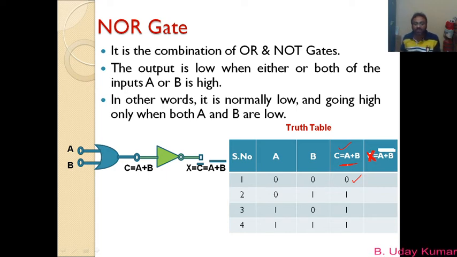So this is C, which is equal to A plus B, and I know these values. If C is 0, then (A plus B) bar will be 1, and if C is 1, C is nothing but A plus B. If A plus B is 1, (A plus B) bar will be 0. You know this one.